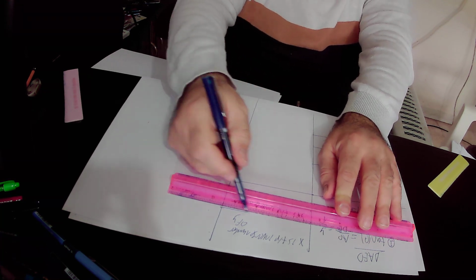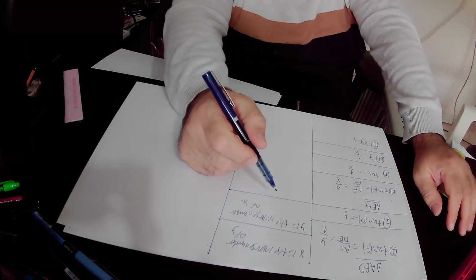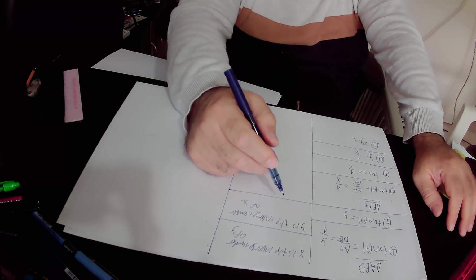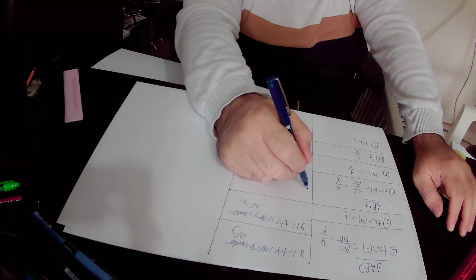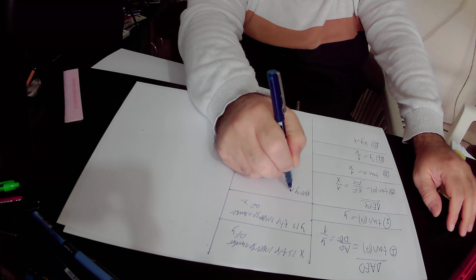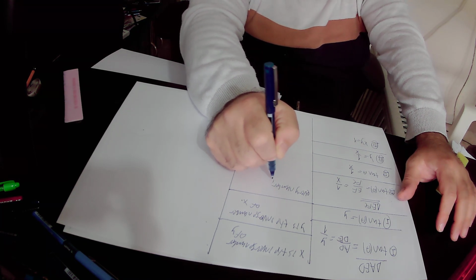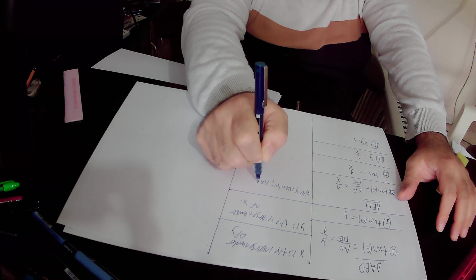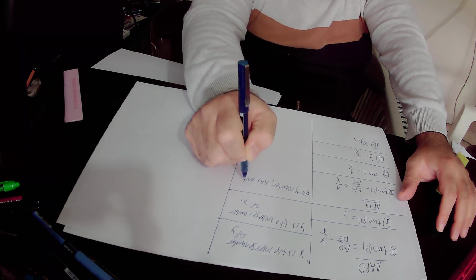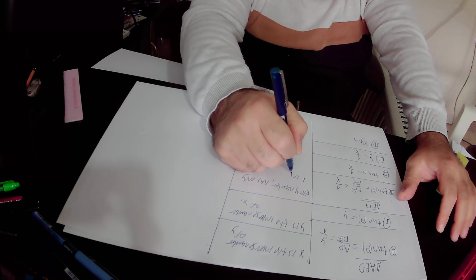And we also have a rule that every number has only one inverse number. I'll write it down. Every number has only one inverse number.